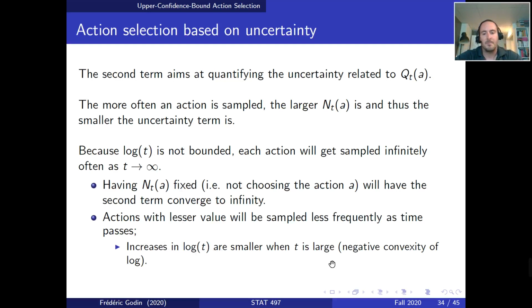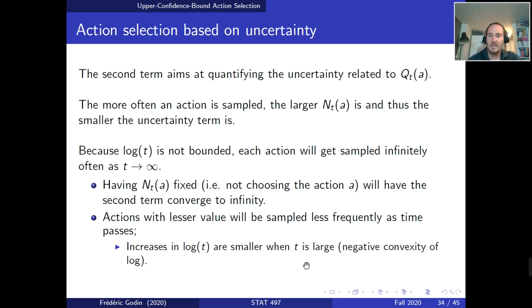The increase between log 1 versus log 2 is much larger than the increase between, let's say, log of 1,000 versus log of 1,001. This is due to the negative convexity of the log. The log function looks like this, so its convexity is negative. You can call it a concave function.